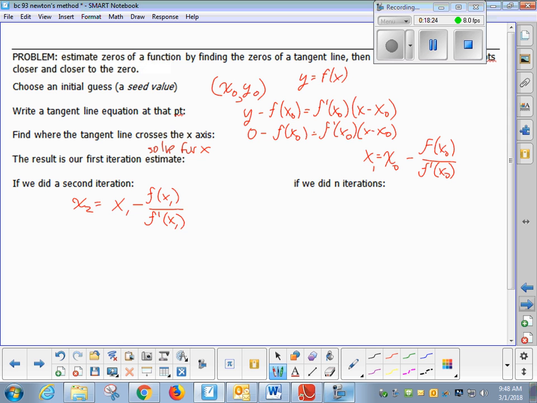And if I wanted to go very general, then the nth iteration, the nth time we went through the process, is x sub n minus 1, the one before it, minus f at that point over the derivative. All right, so that's actually Newton's method.